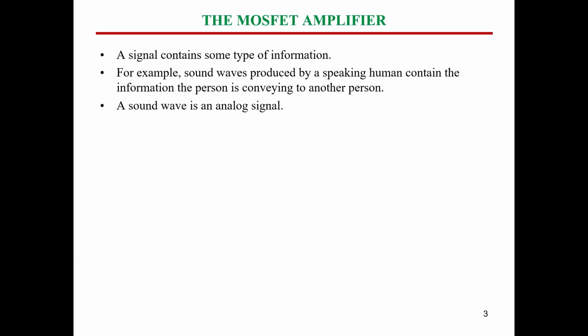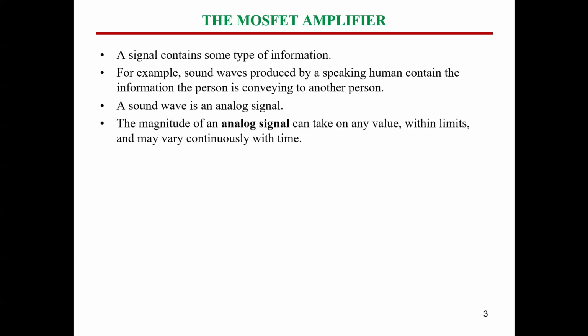However, an analog signal is different. An analog signal has different values. The magnitude of an analog signal can take on any value within limits and may vary continuously with time. Within limits means within the limits of the data values you have in your system.